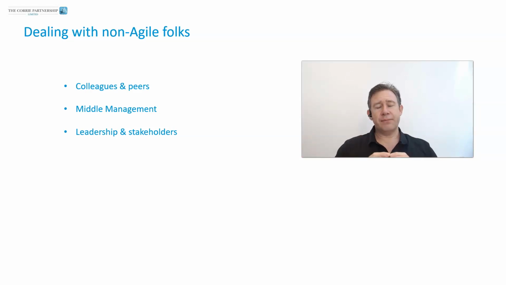But with leadership and stakeholders, what I do, and I think it's probably the best way, is that the first time you get asked for something, deliver it as best you can in the way that it is being asked for. Then, once they're happy with the report, or whatever it is we're providing, say, I'm glad you're happy with that.